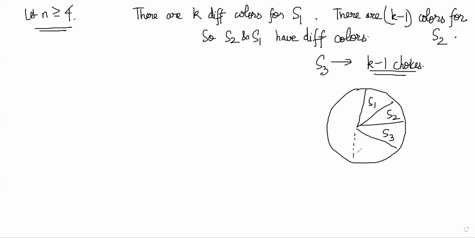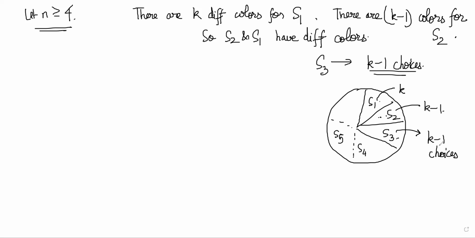It could be S4 and S5 and so on. So think about it. So far you have colored this with k choices, this with k minus 1 choices. But S3 is adjacent only to S2 that is colored right now. So only one color we can exclude. We cannot exclude the S1's color right now, right? So this also has k minus 1 choices, right?